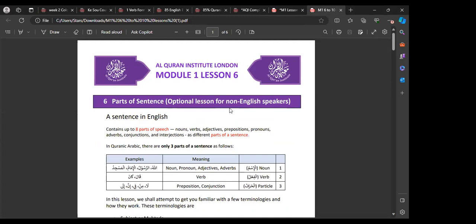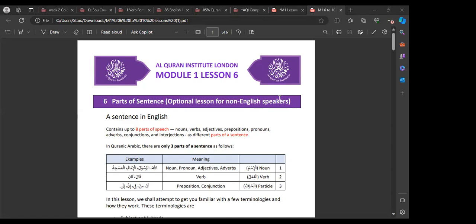Bismillah. So as we said earlier, last week we mentioned the parts of speech in English, such as nouns, verbs, adjectives, prepositions, pronouns, etc. In English, there's many. There's 8 parts of speech. However, in Arabic, there's only 3 categories: ismun, fi'lun, and harfun.